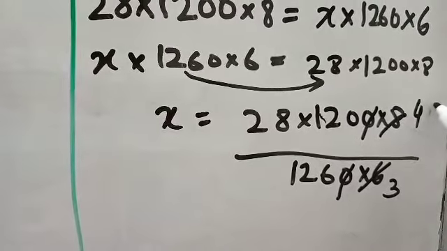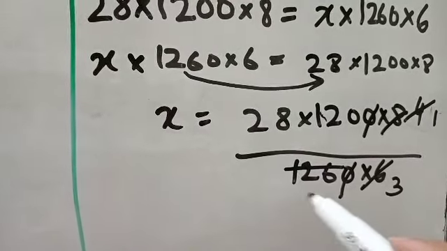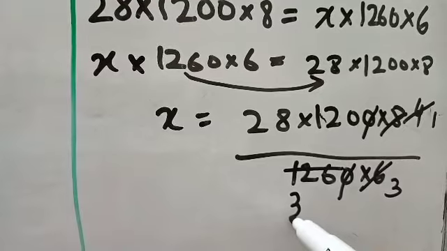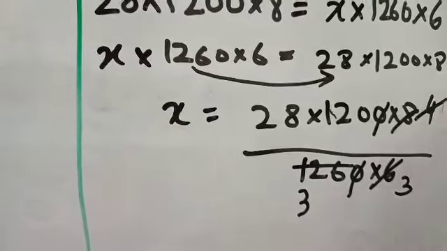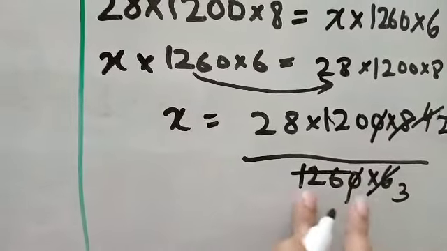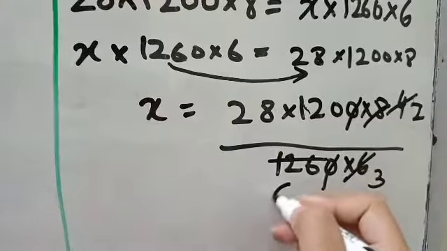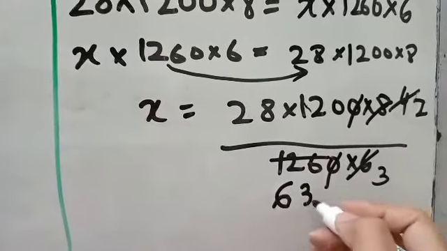Then I can reduce with 4 times table. 4 1s are 4, 3s are 12. Okay, so it is not reducing with 4 times table. I have to reduce it with 2 times table. 2 2s are 4, 2 6s are 12 and 2 3s are 6.